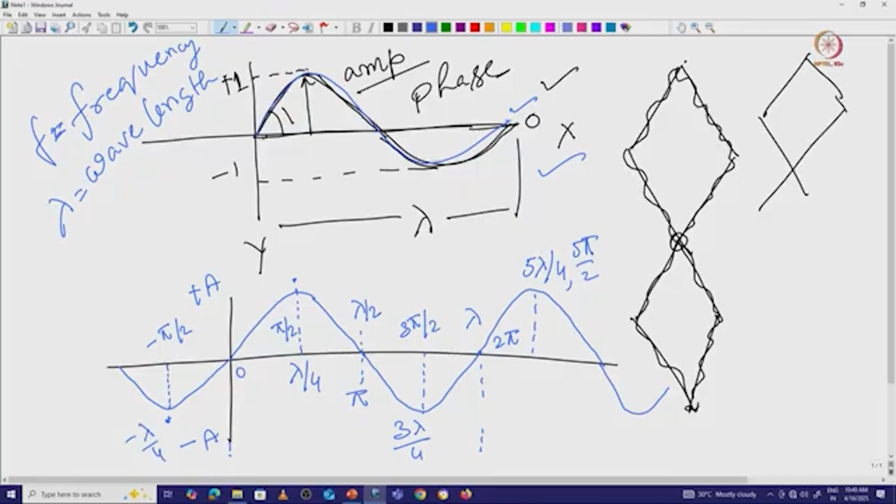Now this particular point is just the opposite direction of this one, right? So now we can write that this particular point will be lambda by 2 and it will be minus pi.